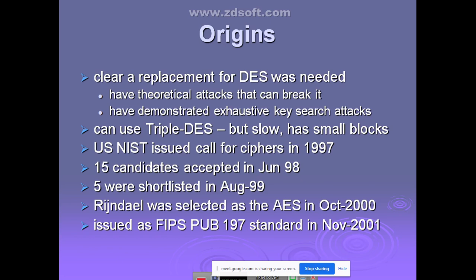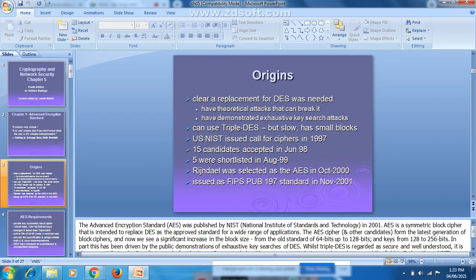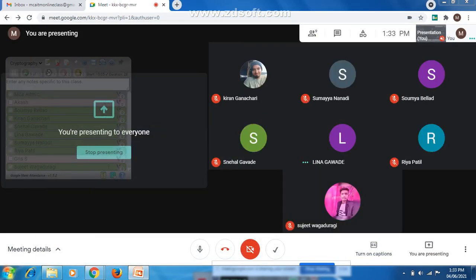To overcome all these drawbacks of the DES, we have come up with the next algorithm, that is called the AES. Getting the point, guys? Can you hear me?